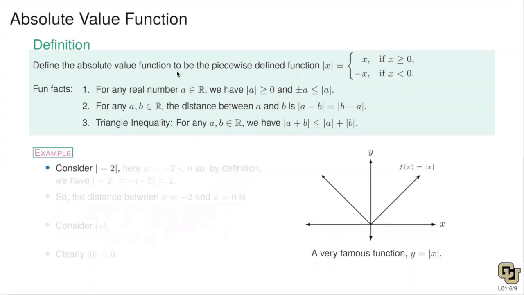For example, the absolute value of -2. I want you to think about how we're using the function. So here, I'm looking at -2. -2 is the squiggle. And I'm asking the question, like a computer, is the squiggle in between less than 0 or greater than 0? In this case, it's less than 0. So the definition of absolute value now says, okay, just copy down the squiggle in between the vertical bars, but slap on a minus sign in front of it.